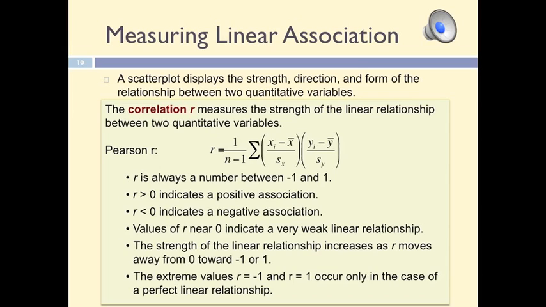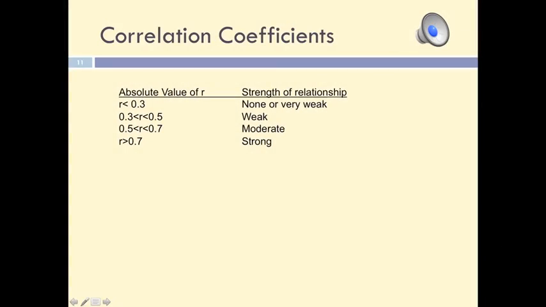The closer the values get to 1 or to -1, the stronger the relationship between the two variables. When interpreting correlation coefficients, we have to make the distinction between strong, moderate, and weak relationships. Typically, regardless of design, values that are lower than 0.3 show that there is no relationship or a very weak relationship between the two variables.